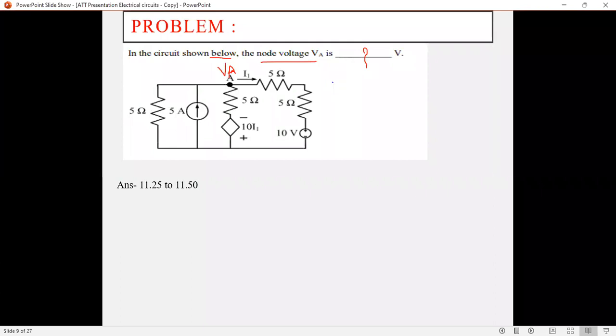Is there anyone else who got this answer? Has anyone else calculated it? It's very simple, you just need to apply nodal analysis.